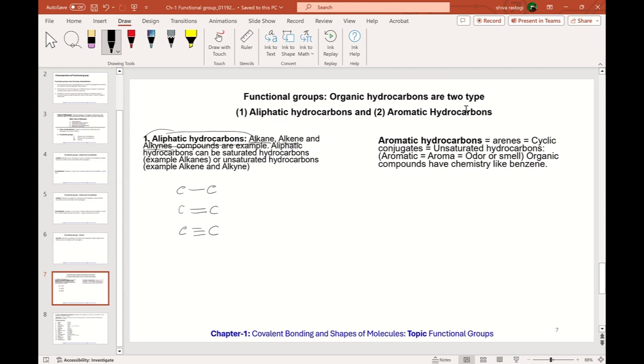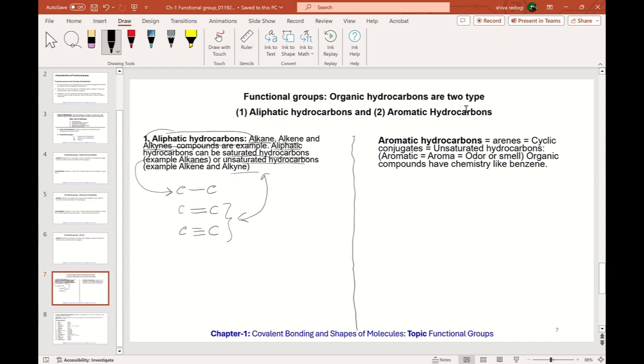And aliphatic hydrocarbon can also be called a saturated hydrocarbon. For an example, alkanes are the saturated hydrocarbons. Unsaturated hydrocarbons are where there is unsaturation, where a double bond or triple bond occurs. This is the example of aliphatic hydrocarbon. Versus the aromatic hydrocarbon.